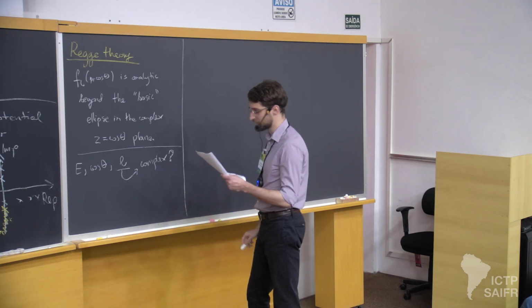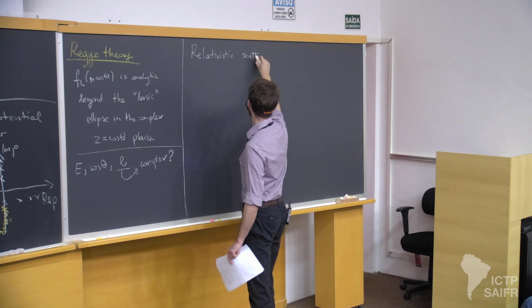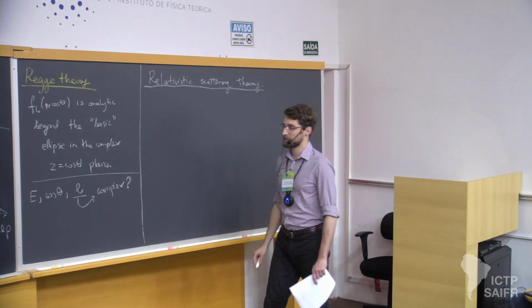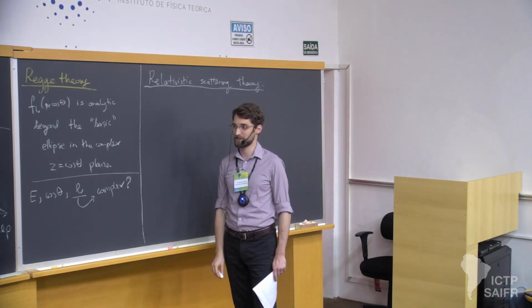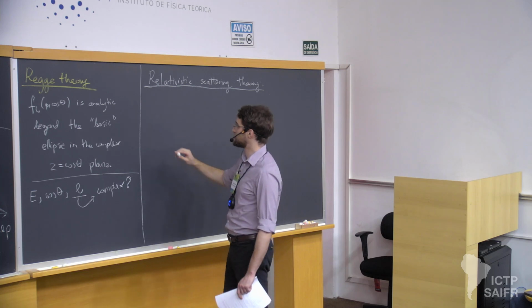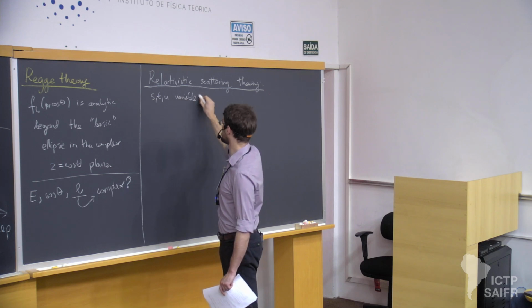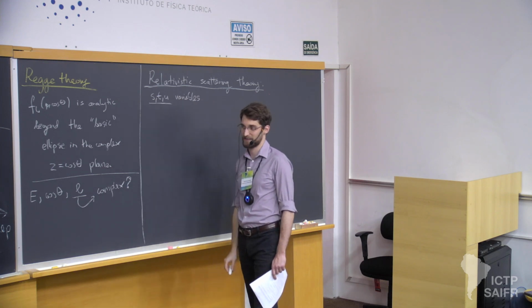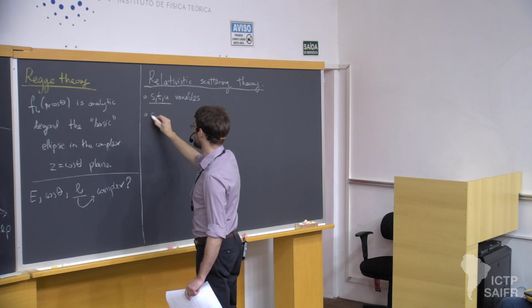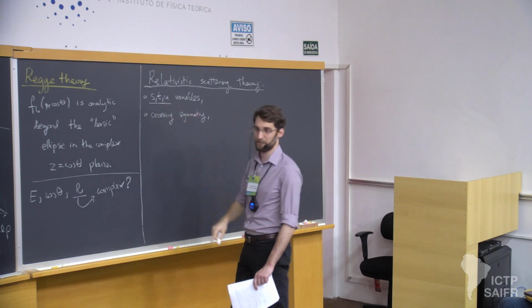Okay. So finally, the topic of this lecture, relativistic scattering theory. What are the main differences compared to these non-relativistic cases that we discussed? Well, singularity structure of the amplitudes is very similar. However, we'll consider the singularity structure in S, T and U variables rather than energy or cosine theta variables. And another difference is that there's crossing symmetry that relates these variables to each other.